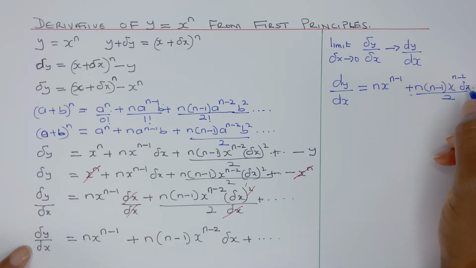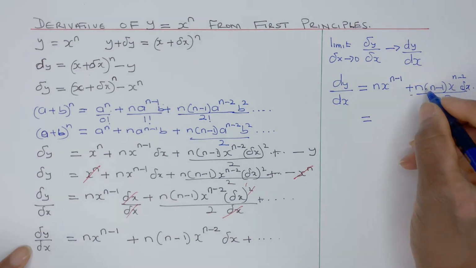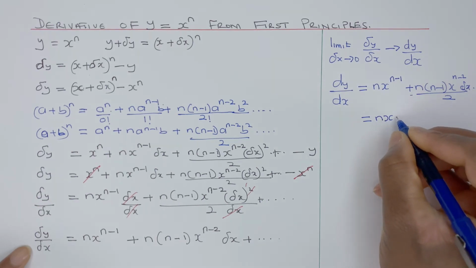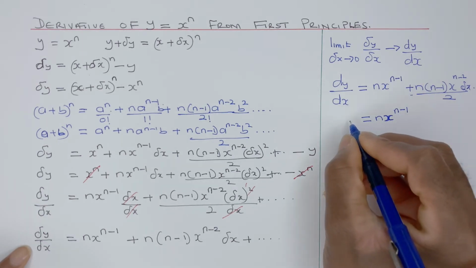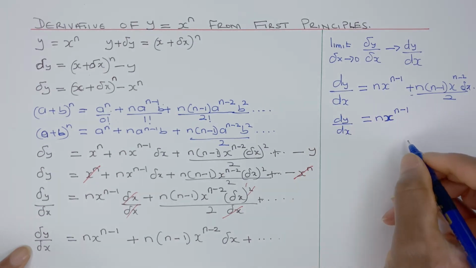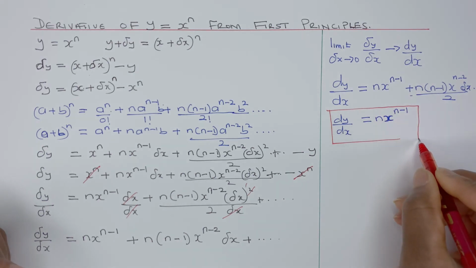Delta x is 0 here, so that would be times 0. And therefore, if that's 0, the whole thing is 0. Therefore, we get n x to the power n minus 1. And that is dy over dx. So that's the derivative of y equals x to the power of n.